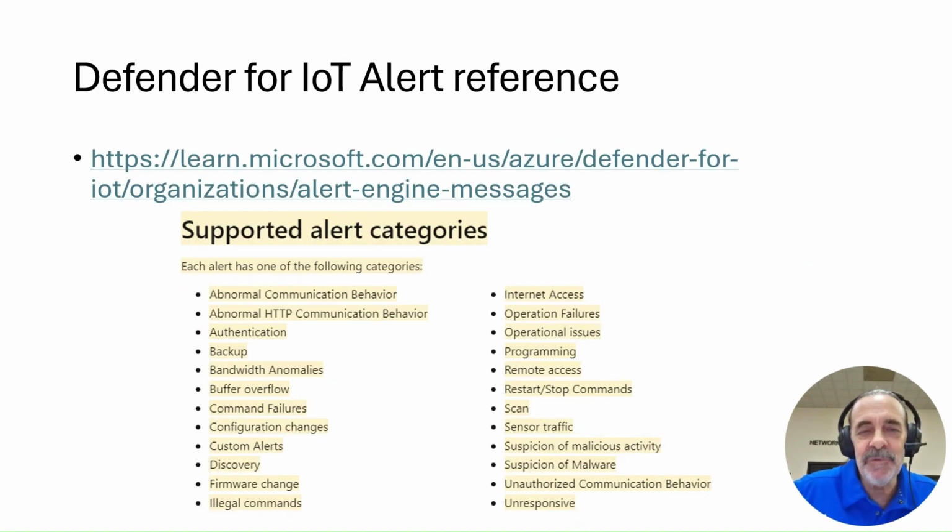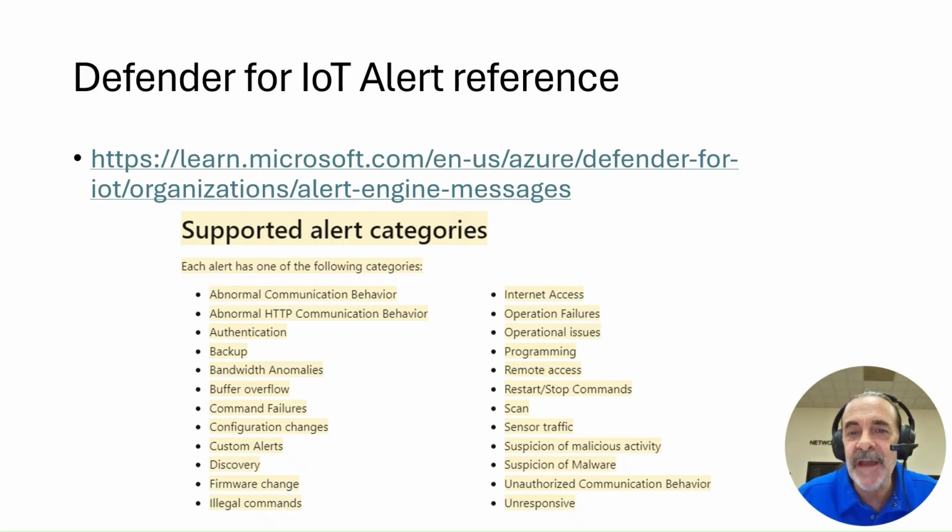I think this slide is really valuable, and I've got the URL link to the website that this information came from. These are the alert categories that come from the Defender for IoT sensor products. So when you're monitoring the traffic and the networking events happening in your OT network, you're going to get alerts when things happen in these categories. For example, internet access.